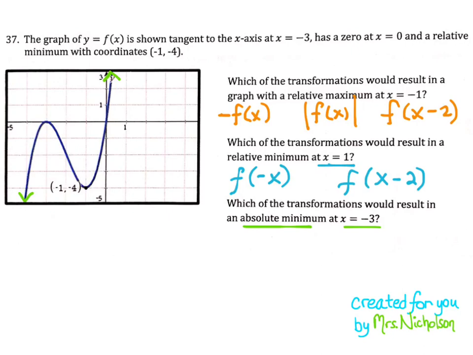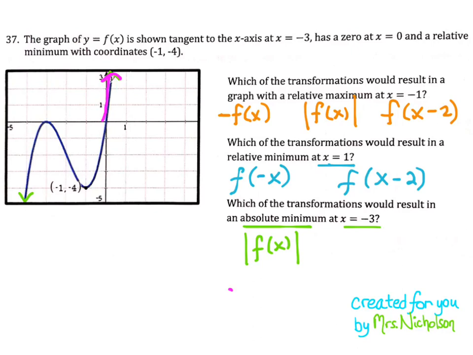This is going to involve, if I'm going to have an absolute minimum, then I need to take all of this negative part of the graph and make it positive. And I can do that with the absolute value. If I absolute value the whole function, then the positive part of the graph stays, but the negative part, let's try that again, becomes positive.